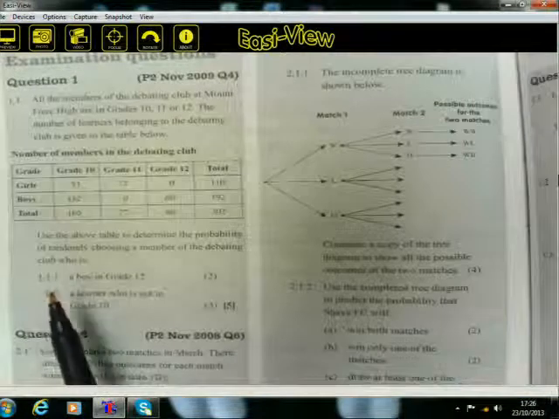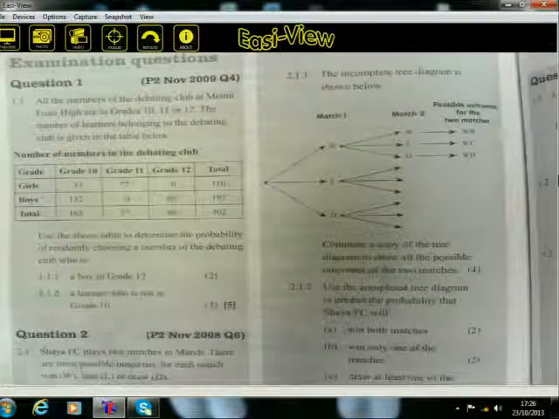Now, let's look at this question. It says, use the above table to determine the probability of randomly choosing a member of the debating club who is a boy in grade 12. How many boys are we having in grade 12? 60.